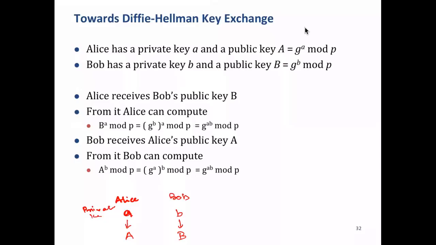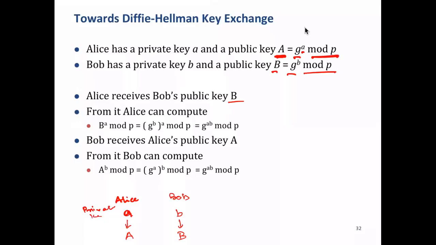So Alice generates public key A, which is G raised to the power a mod P. Similarly, Bob generates public key B, which is G raised to the power b mod P. And now Alice receives Bob's public key B and Bob receives Alice's public key A.